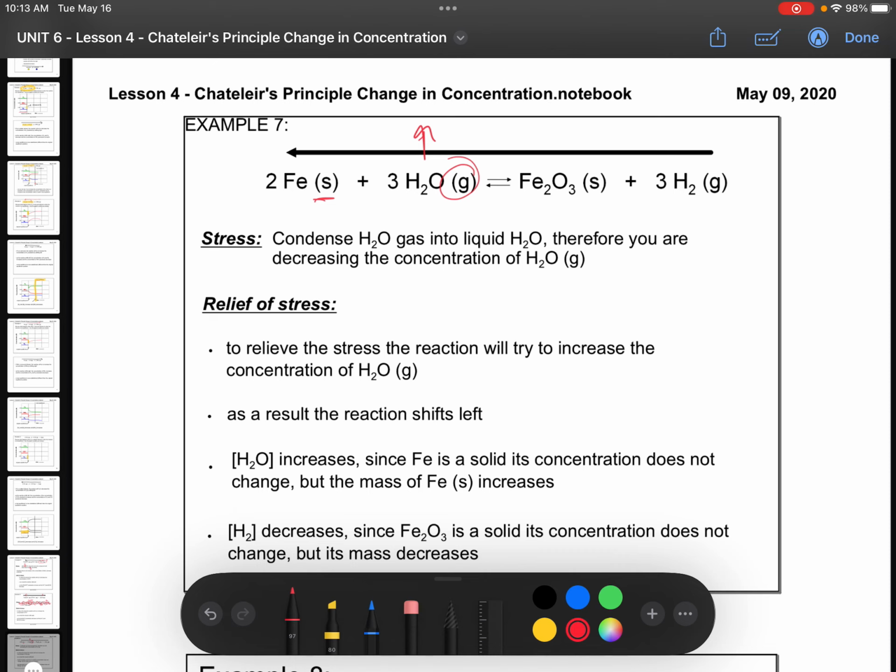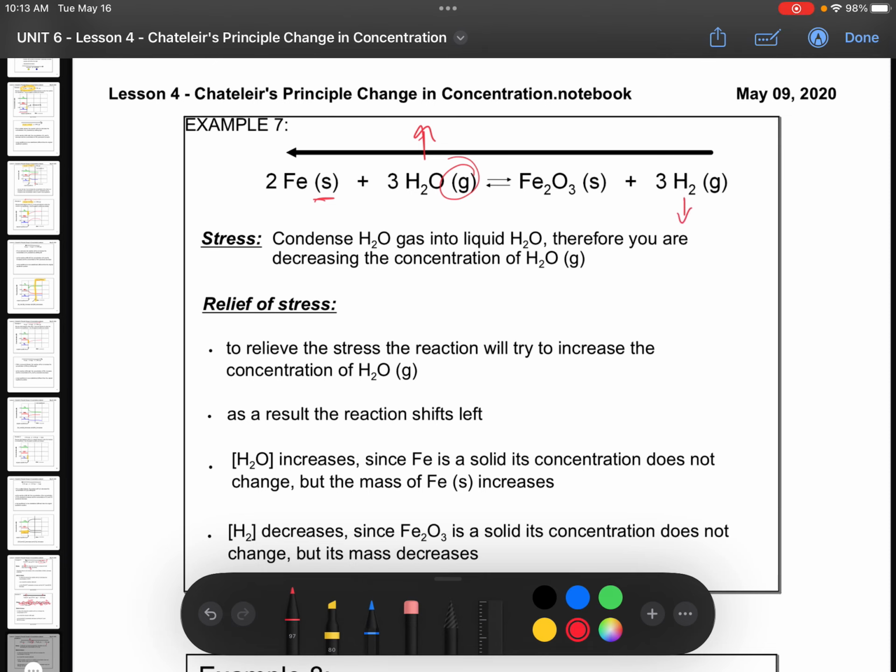This is a gas, okay? As H2O increases, Fe is a solid. The concentration of it, as I mentioned at the very beginning, changes, okay? Sorry, the concentration does not change, but the mass actually increases.